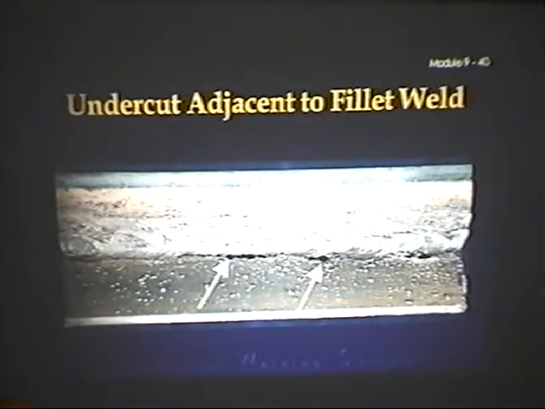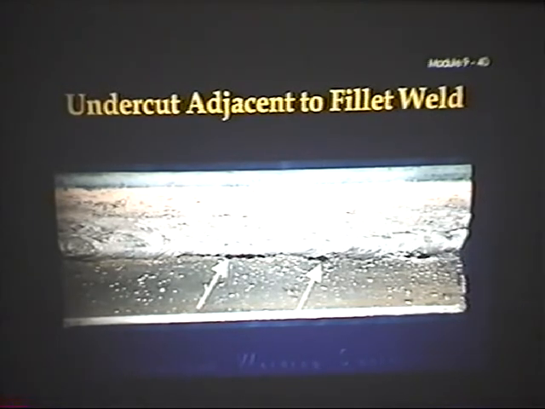Any of the codes you're going to work to are going to tell you that your weld metal has to be at least as thick as the parent metal. If you leave it undercut like that, the weld metal is now not as thick as the parent metal. But even worse than that, this undercut creates what we call a stress riser.